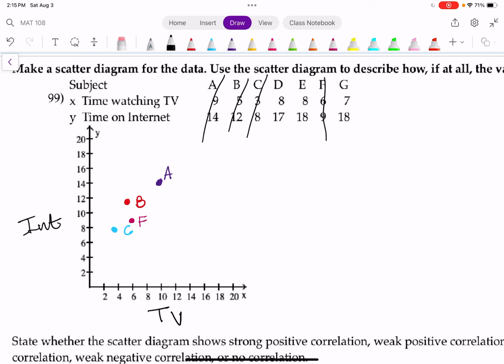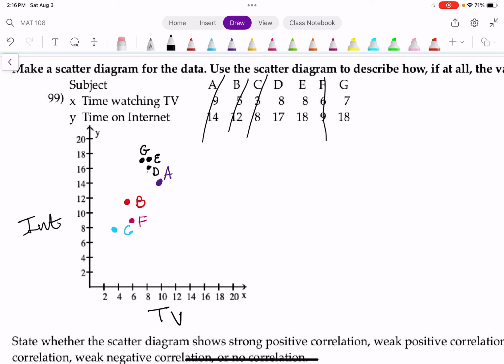They're so close together. I want to make a good distinction. So we have 8 and 17, 8 and 18. So this is D, this is E, and this is G right here.